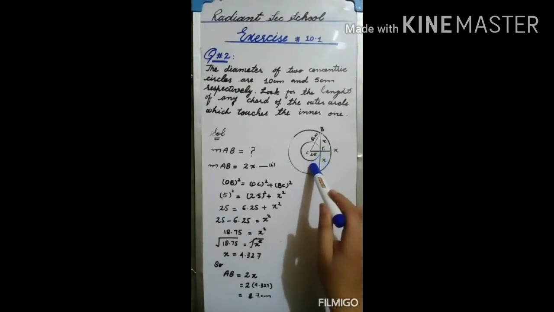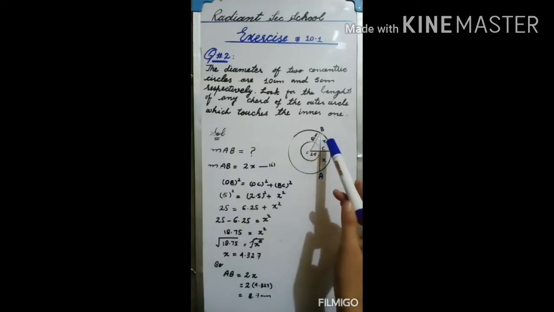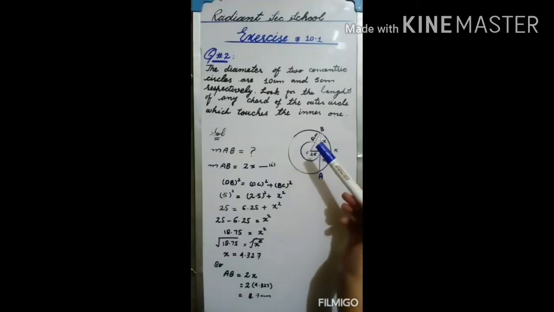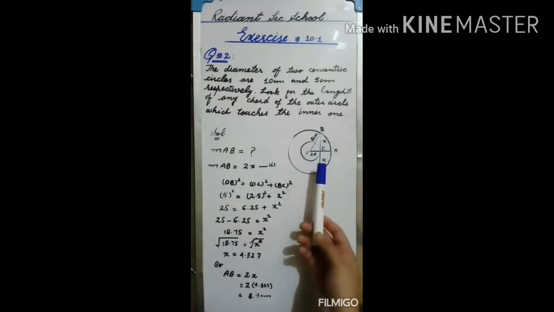How can we find it? As the diameter of the bigger circle is 10 centimeters, its half will be the radius, that is OB. It will be 5 centimeter. The diameter of the smaller circle was 5 centimeter and its half will be the radius, so it will be 2.5 centimeter.